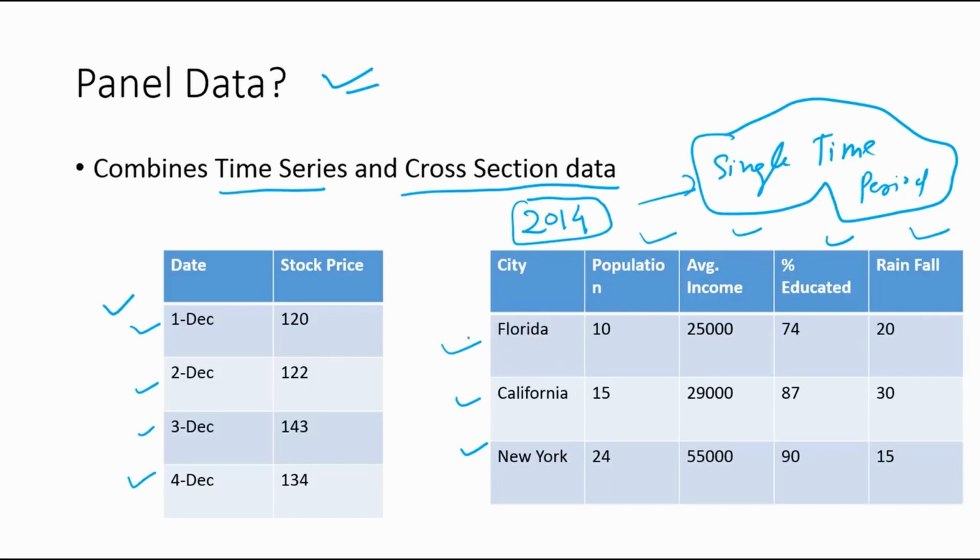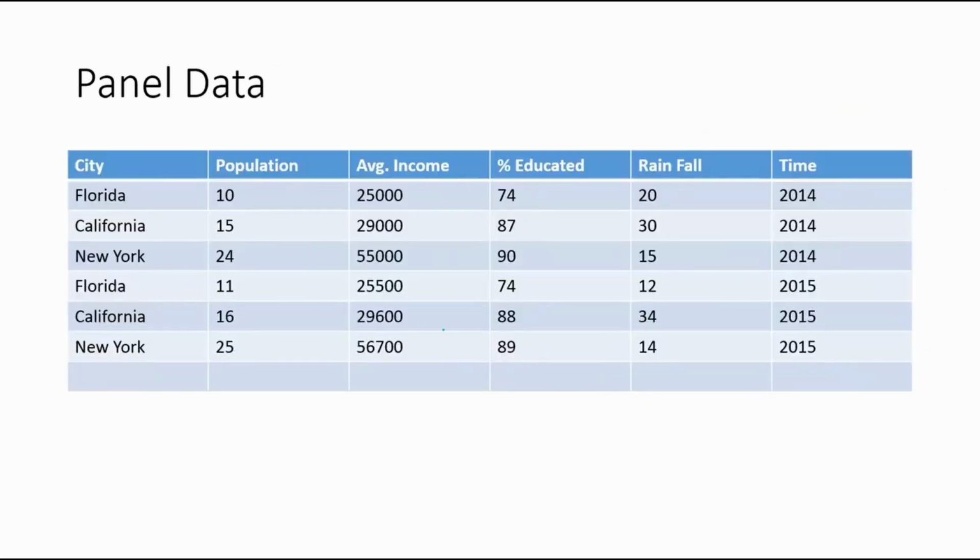So let's take an example to understand. So here is an example. Remember in the last slide we talked about a data set which has got information about different cities in United States. So we've got data for Florida, California and New York. We've got data for population, average income, percentage educated, rainfall, and we have got another column here which is time.